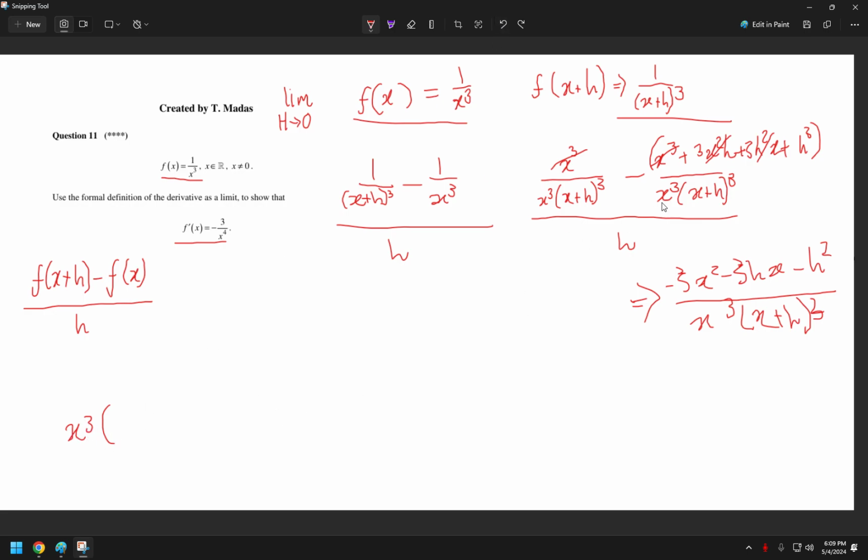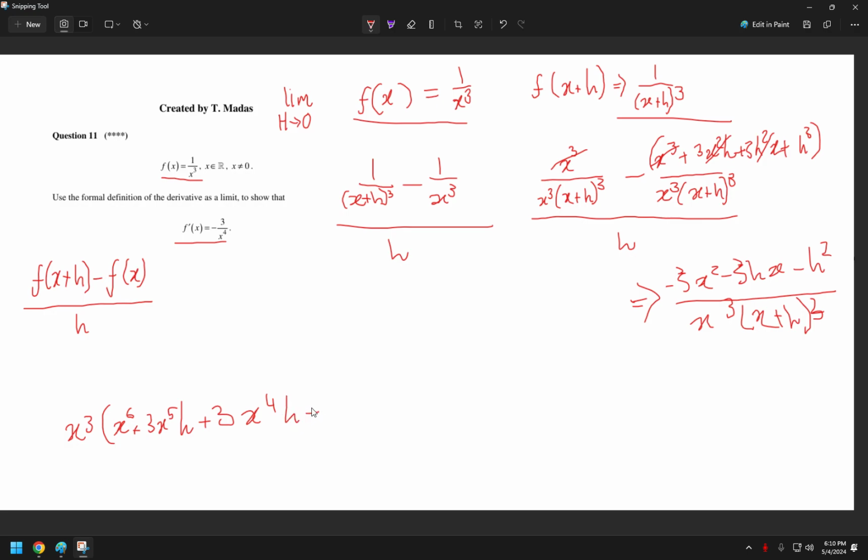So we have x cubed multiplied by everything here. So x cubed multiplied by x cubed is x to the power of 6. x cubed multiplied by 3x squared h is 3x to the power of 5 h. Here it's plus 3x to the power of 4 h.